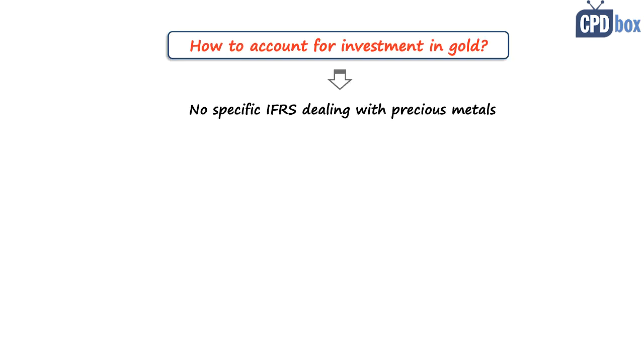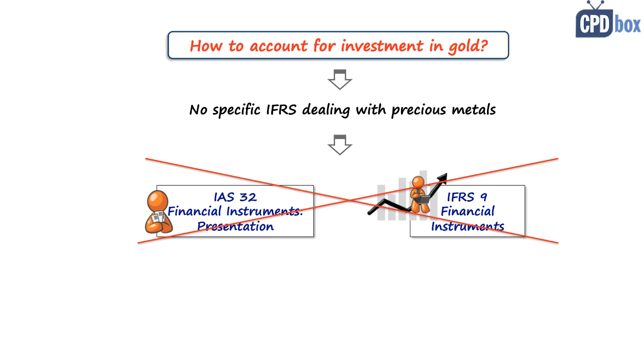Very interesting question. Currently, there is no specific standard in IFRS that would really deal specifically with precious metals like gold, silver, or platinum. Now, let me clearly say that no, you should not account for gold as a financial instrument under IFRS 9 and IAS 32 because gold simply does not meet the definition of a financial instrument.